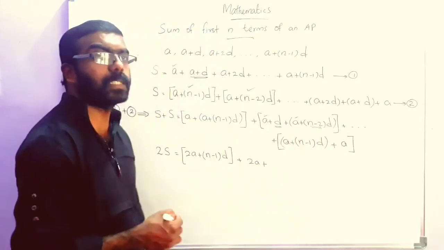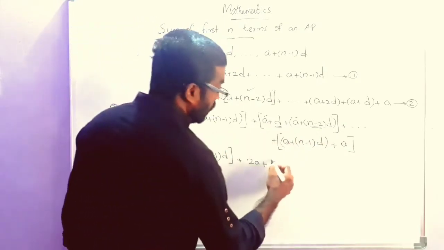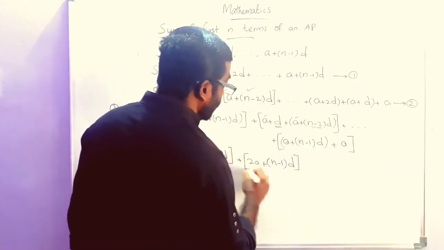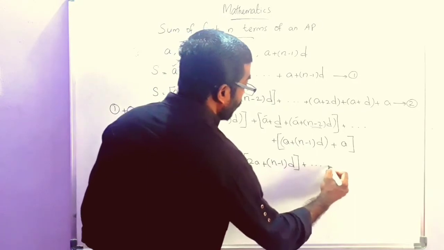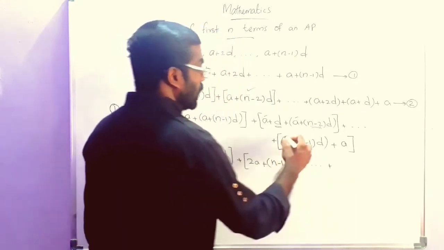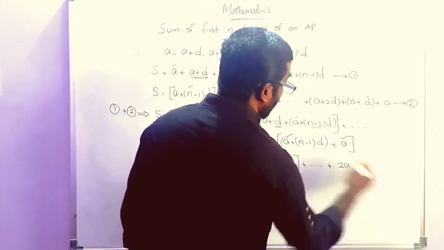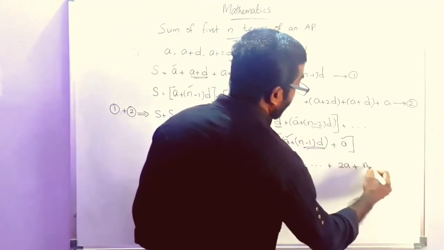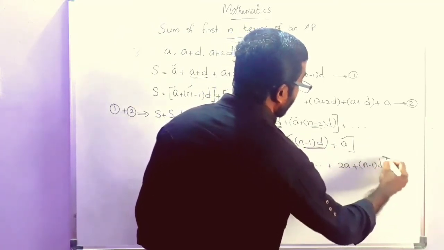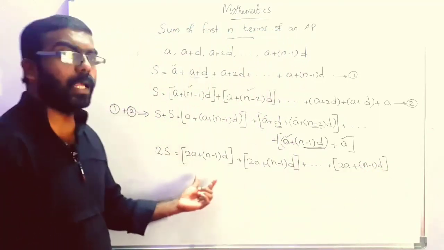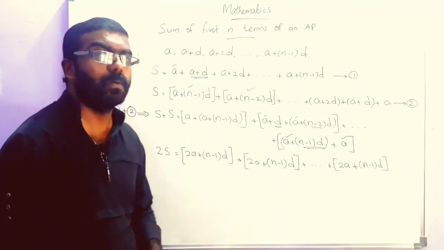N minus 2 plus 1, that is n minus 1. 2A plus n minus 1 into D. Then plus etc. plus, in the last term, here A plus A, 2A, then plus n minus 1 into D. So here the term is 2A plus n minus 1 into D.